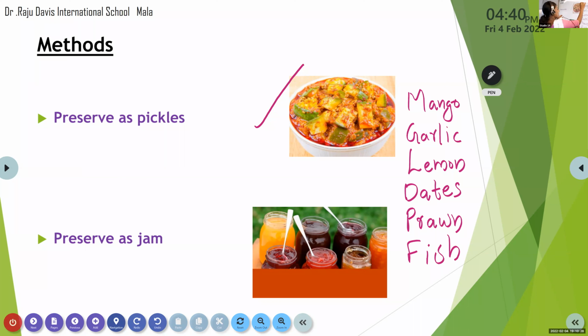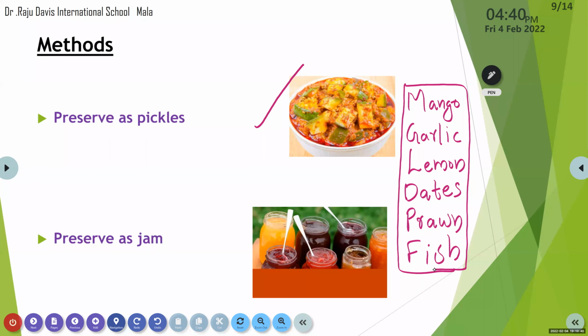Then why do we make these pickles? For what purpose do we make these pickles? We use the pickles for 1 year, 2 years like that. Ma'am, to use later. For future use, we make pickle. Why can't this pickle spoil?